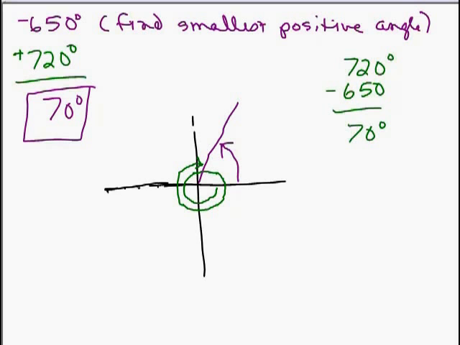There you go. Did I go 2 whole times? Let's see. Nope, that's right, because I'm only going to negative 650. So it's 360 plus this extra will get you to negative 650. So it ends at the same spot.